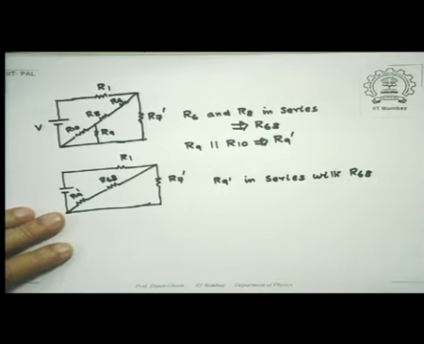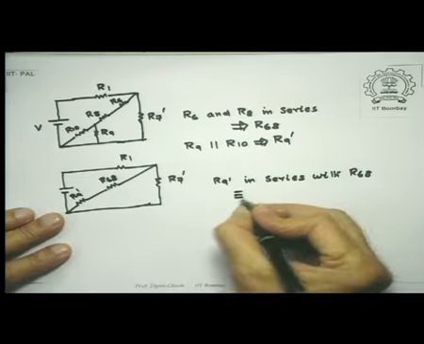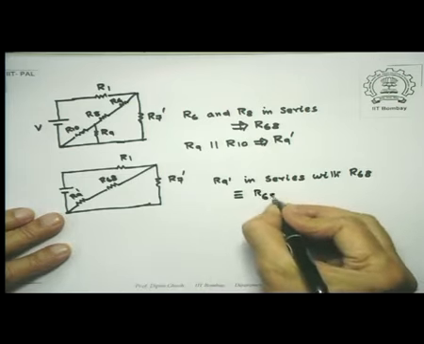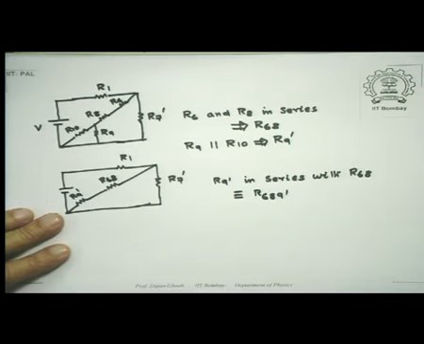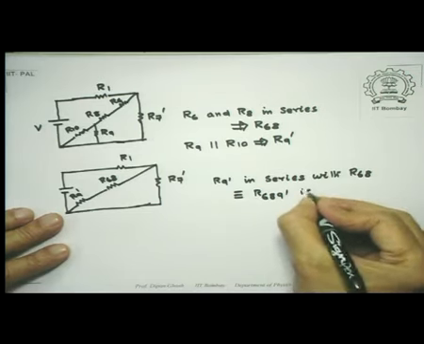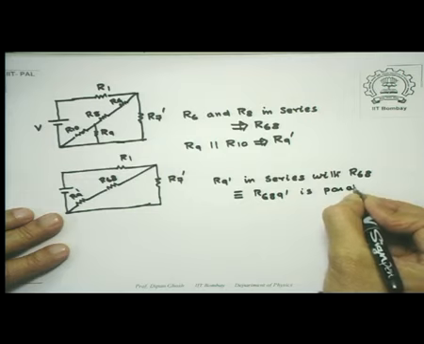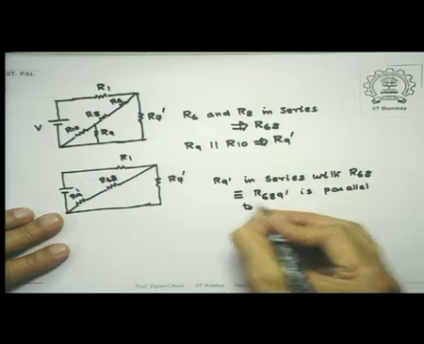And this combination, whatever you want to call it, let's call it R689. This is parallel to R7 prime.